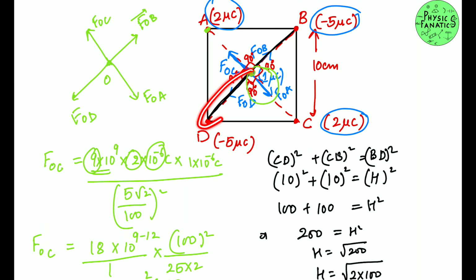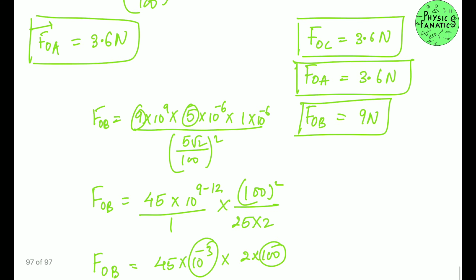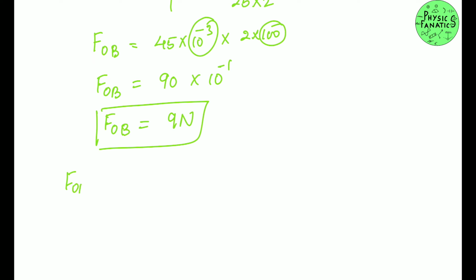So let's do the FOD part also. For FOD, I have D, in between I have 1 microcoulomb, and I have minus 5 microcoulomb. Again, distance I already know. So FOD will be 9 into 10 to the power 9 multiplied by 5 into 10 to the power minus 6 multiplied by 1 into 10 to the power minus 6.